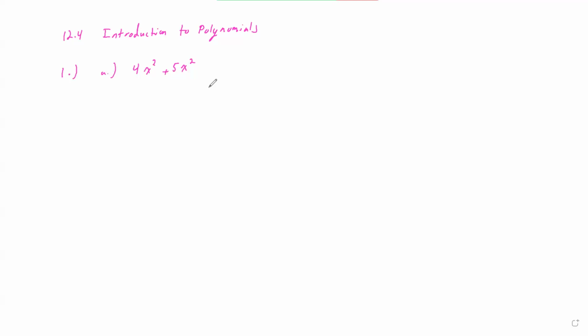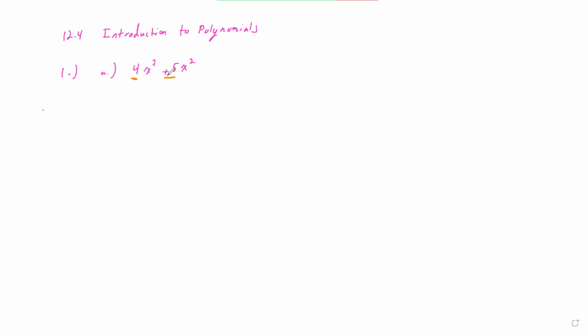The first thing you need to understand is when we are simplifying, we want to combine like terms. And combining like terms is finding terms that have the same letter with the same exponent. And if they do, like in this case, they both have an x and a square, then all I have to do is add the coefficients in front of those terms.